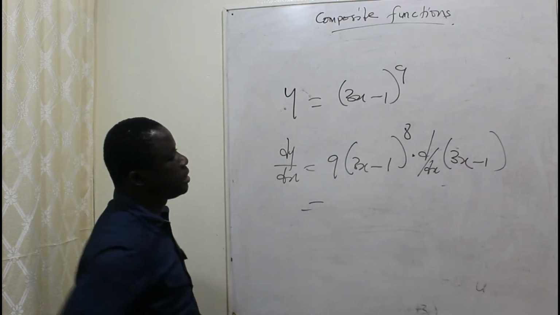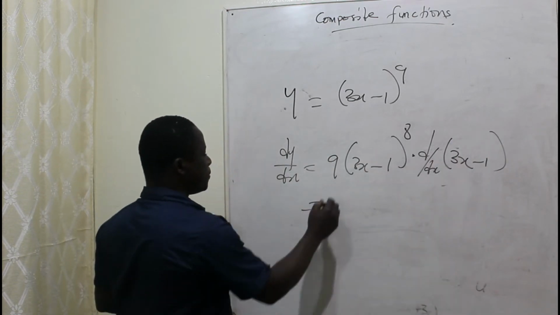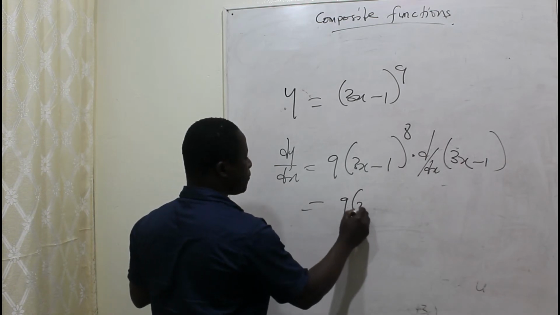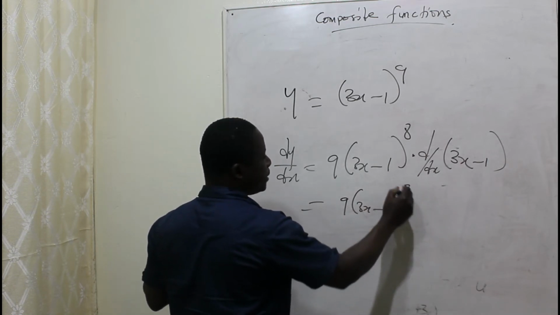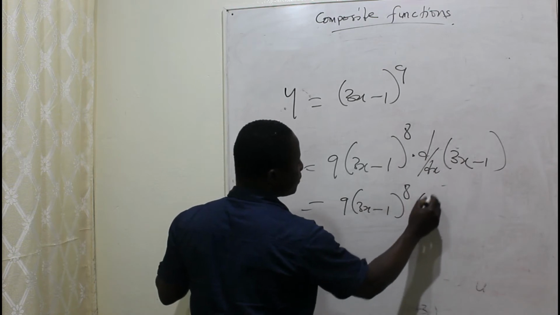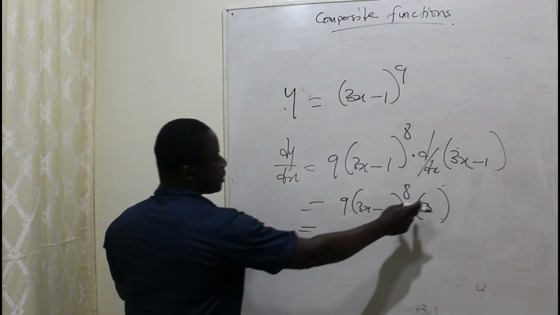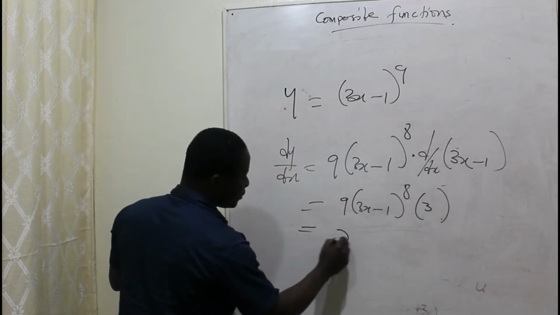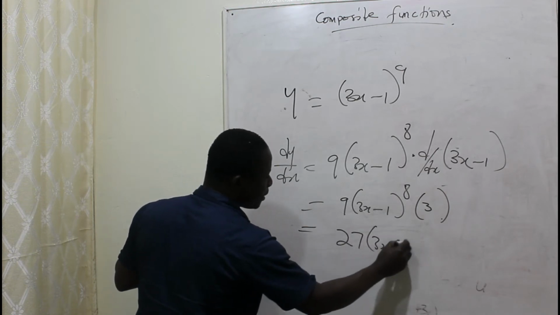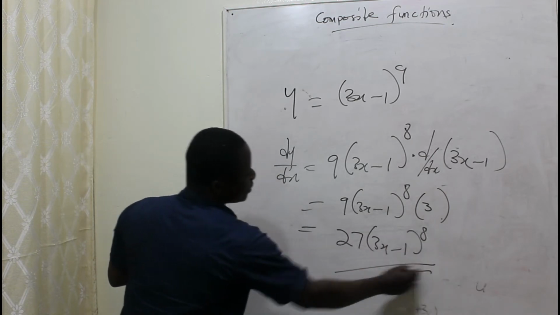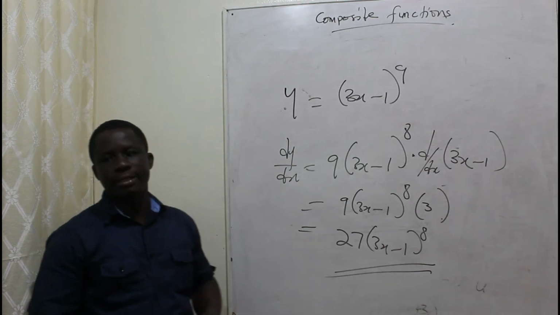So it will give us 9(3x - 1) exponent 8. Differentiating the inside is 3. And 3 will multiply 9, and the result is 27(3x - 1) exponent 8, which gives you the final answer.